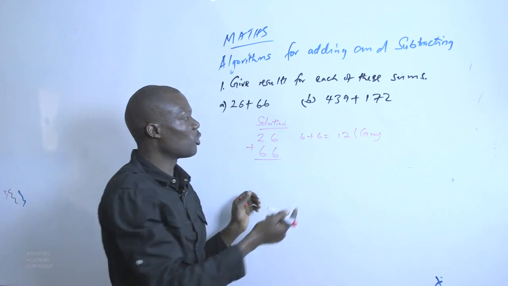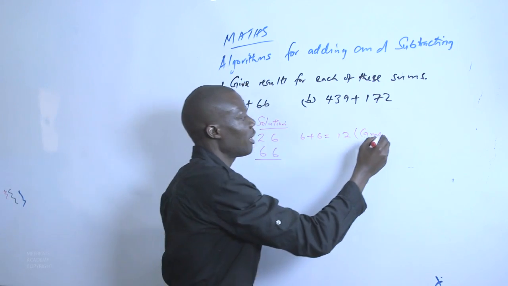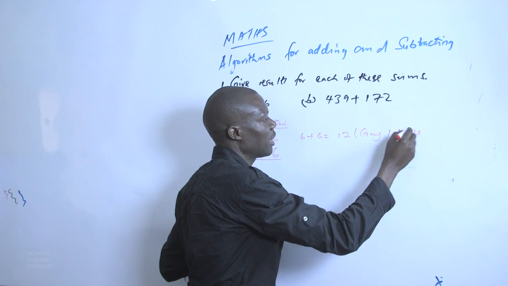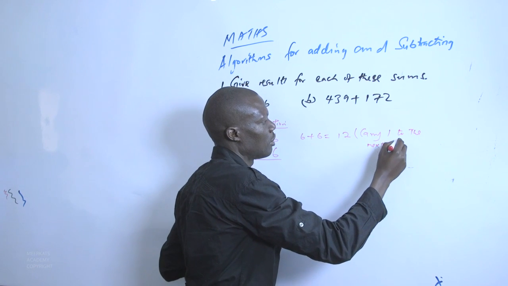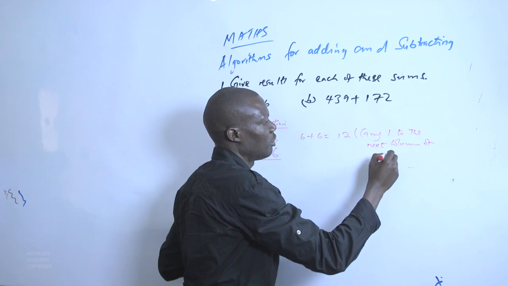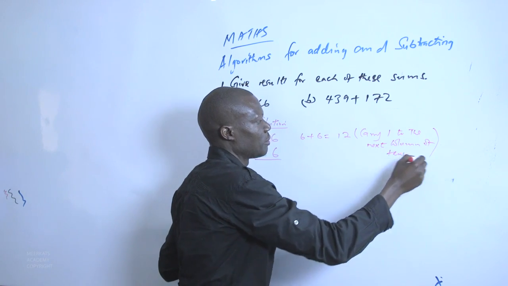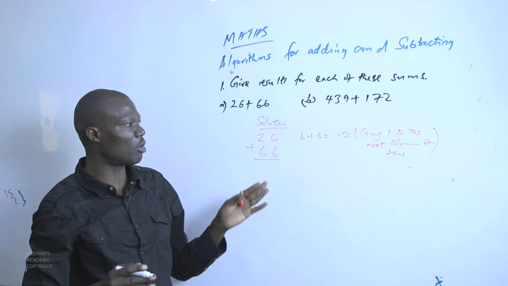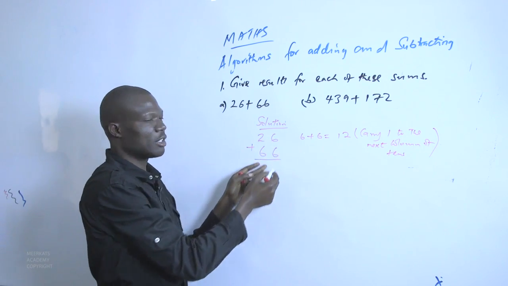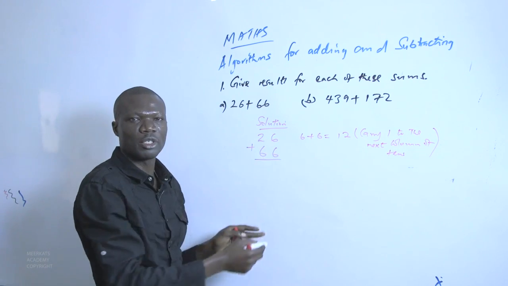So we have 12, which is greater than 9, so we shall carry 1 to the next column of tens. When you remind yourself about place values, this stands for ones. The second column stands for tens.